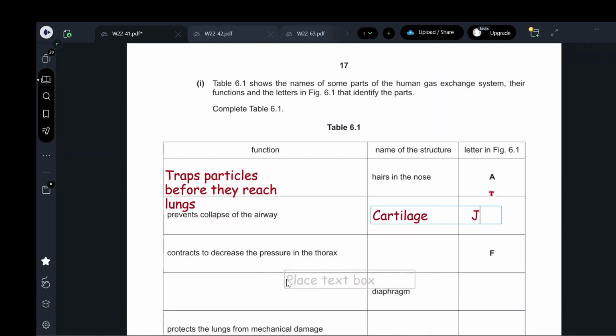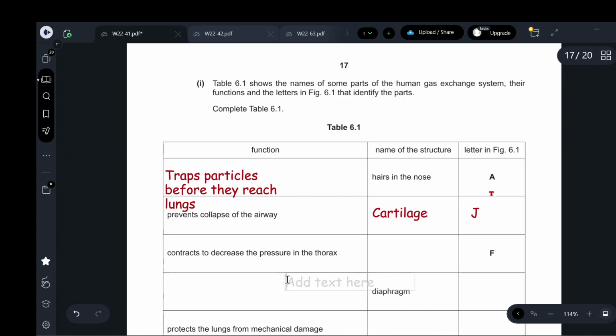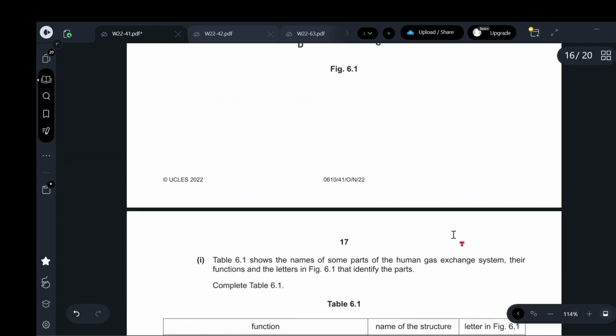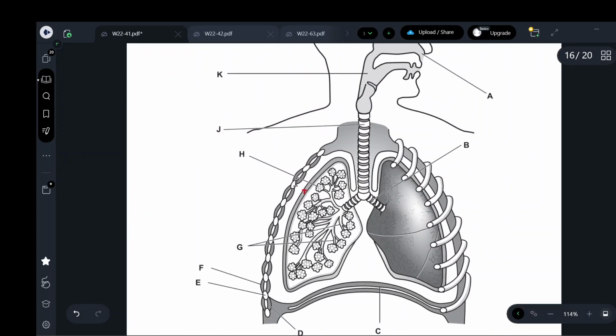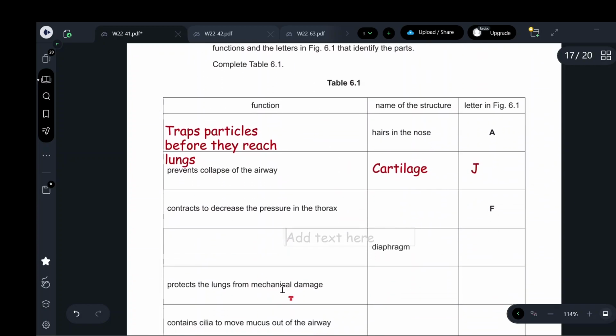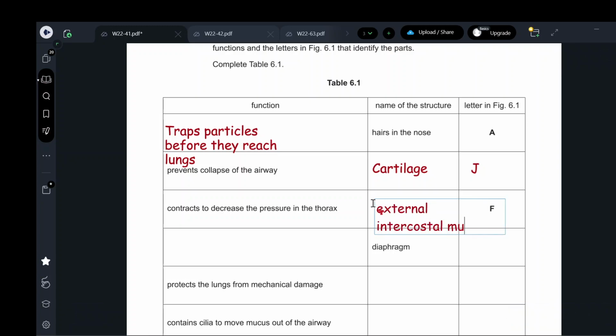Contracts to decrease the pressure in the thorax. Decrease the pressure. So inside you have low pressure, outside you have high pressure. This means that you are inhaling. What contracts to decrease the pressure? And he gave you the letter F. What is F? F is the external intercostal muscle. The muscle on the outside is the external intercostal muscle.